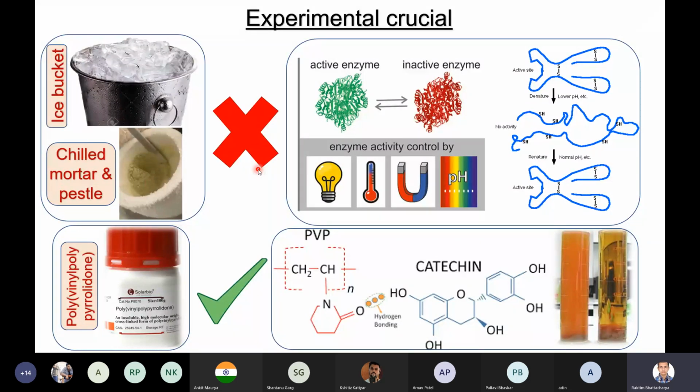Now PVP. PVP is required because most plant samples contain a group of compounds called phenolic compounds. Here I have given an image of catechin. Catechin is a type of phenolic compound. Now these phenolics inhibit the enzyme activity by binding with it.